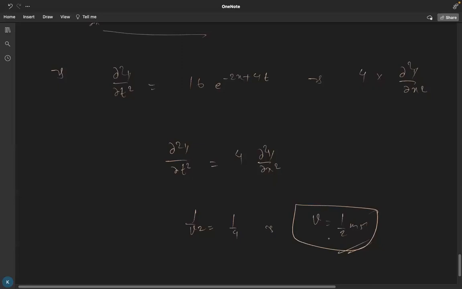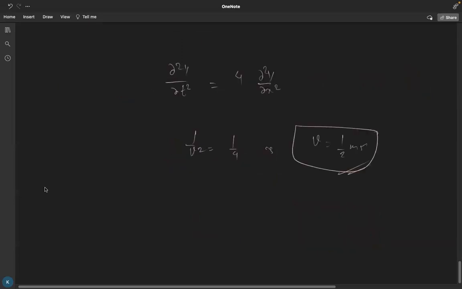Now there is another method which helps you verify that the given equation is the equation of a wave or not. Method 2 is the hit and trial method.